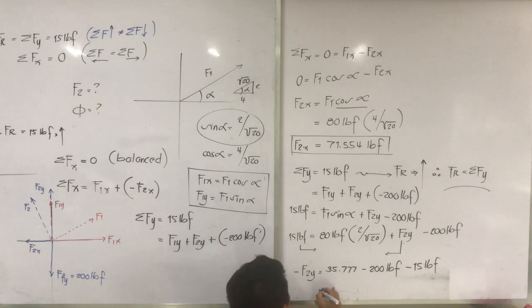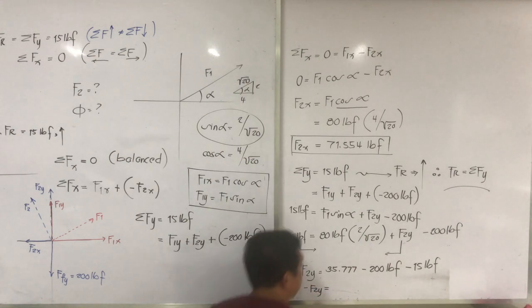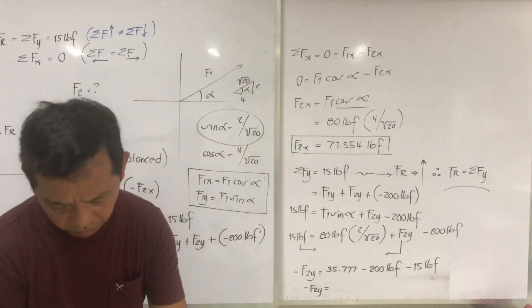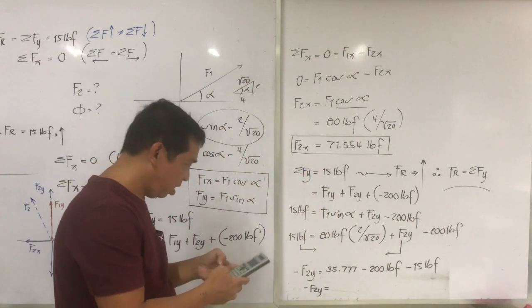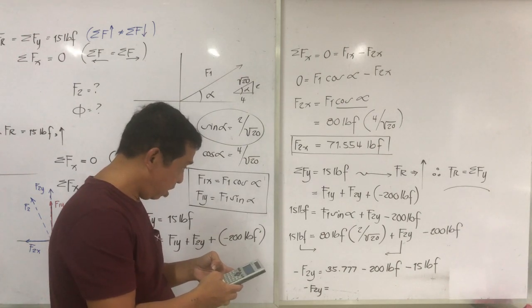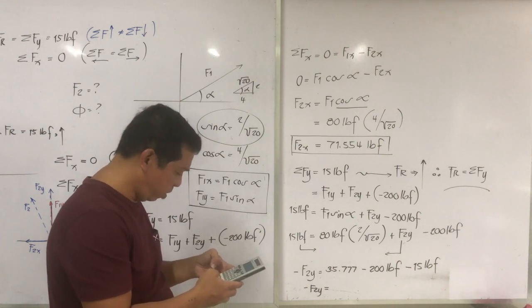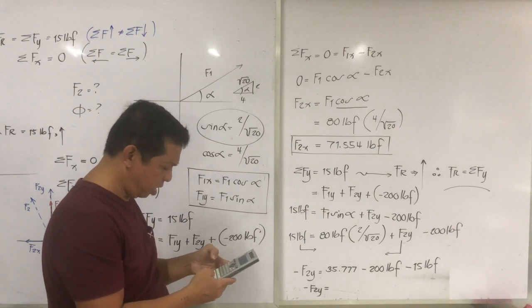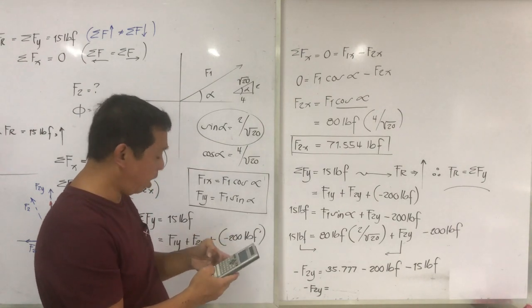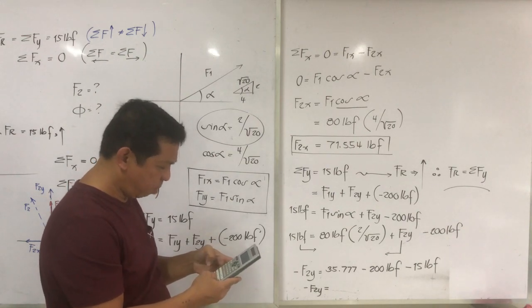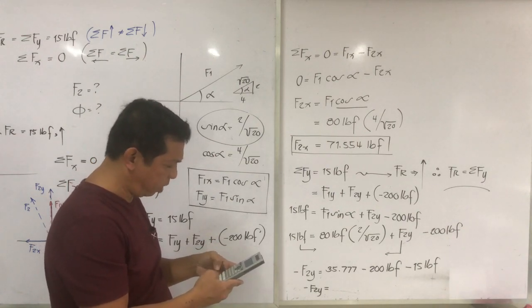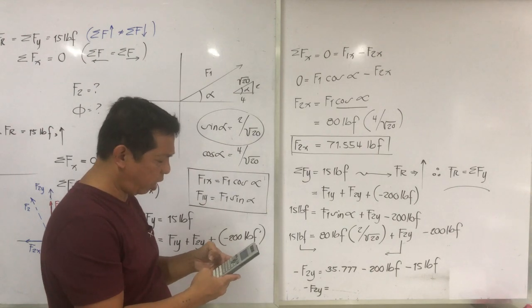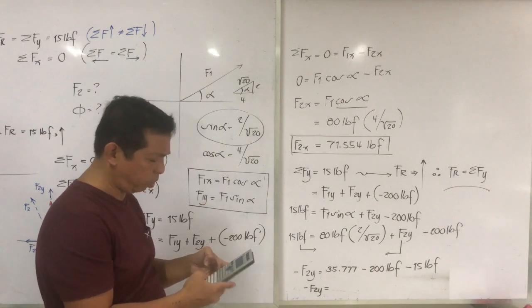Now, ang mangyayari, engineer, is that negative F2y is equivalent to, meron tayong 35.777 subtracted with 200, further subtracted with 15, that gives us negative 179.223.